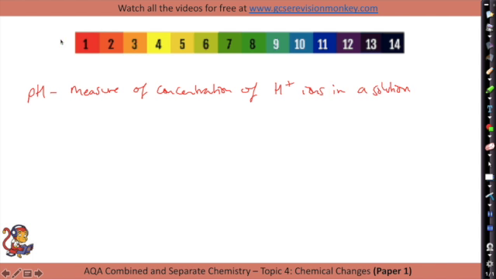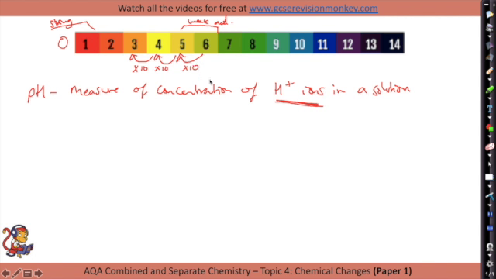So we said before that here with our 0, our 1, these are our strong acids, and here are our weak acids. When you go down a number on the pH scale, you increase the number of hydrogen ions in your solution by a factor of 10. So that's something to be aware of.